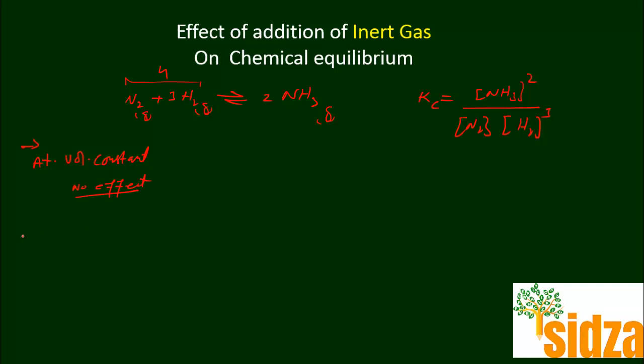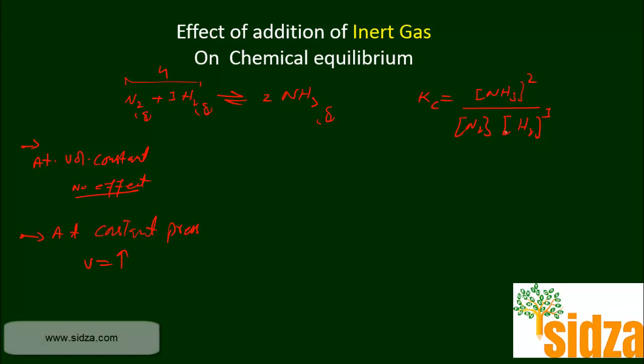But if you are adding it at a constant pressure, constant pressure means that the volume has to increase. Volume will increase, because when you add the inert gas, the pressure inside is going to increase. Now to keep the pressure constant, volume will increase. So when the volume increases, the molar concentration of all those terms will decrease, right?